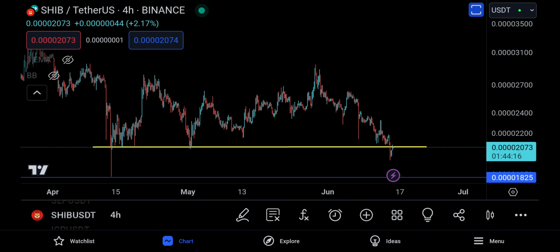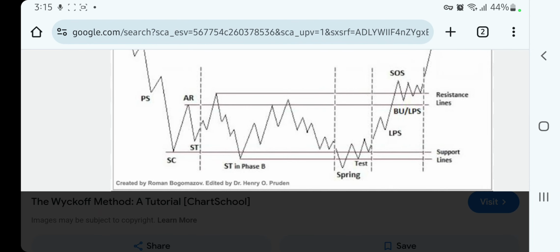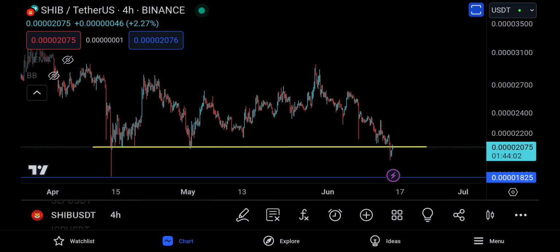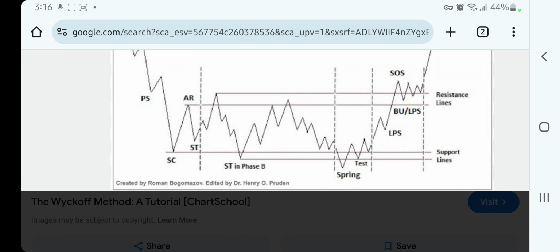Then you went for this particular move, and then you started to push up again. You came down, then pushed up, then came down here, and here it is. You went up and then you came down again for the spring. Isn't that exactly what is happening? Every single thing is matching with this right over here.